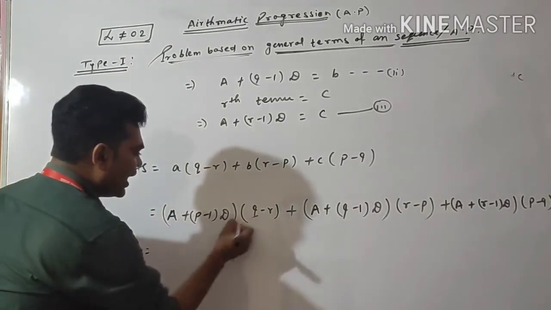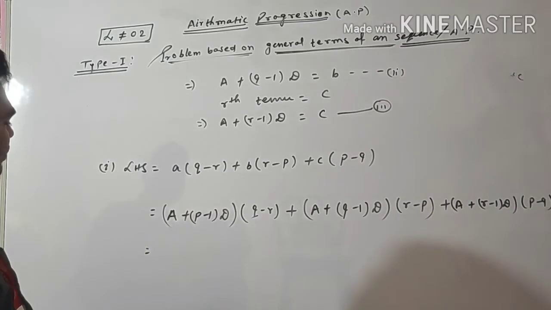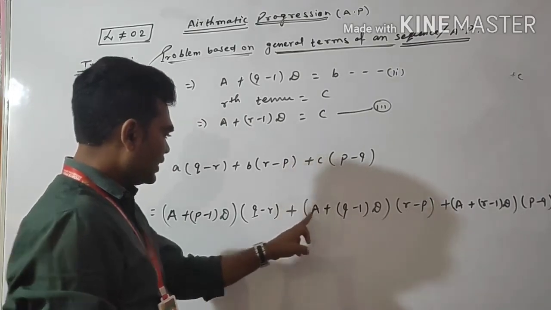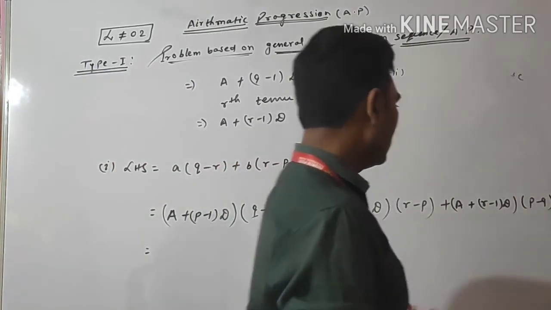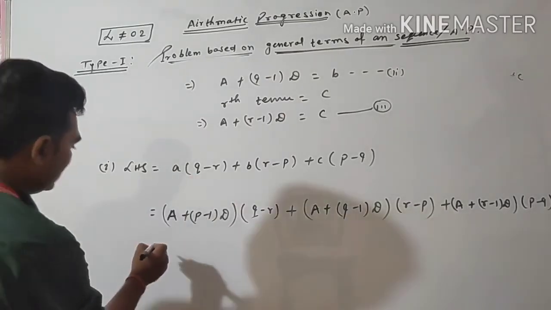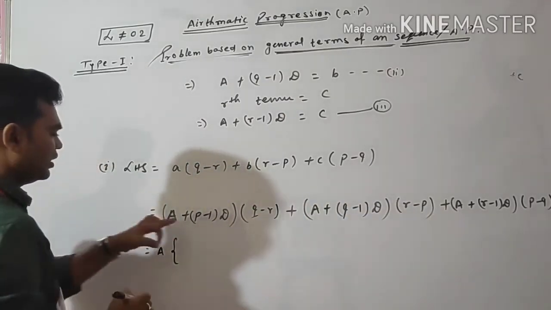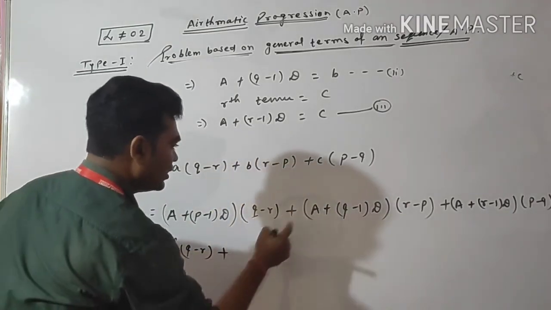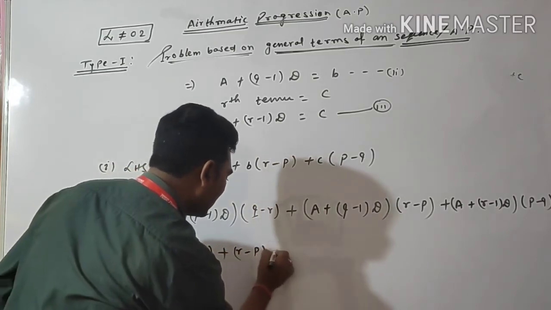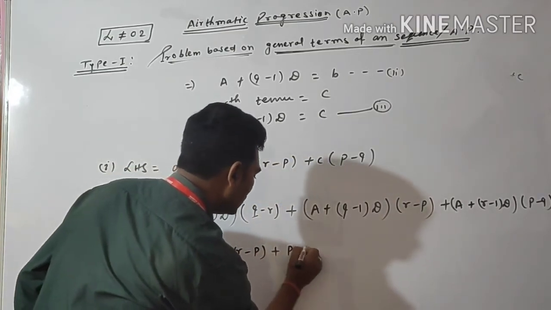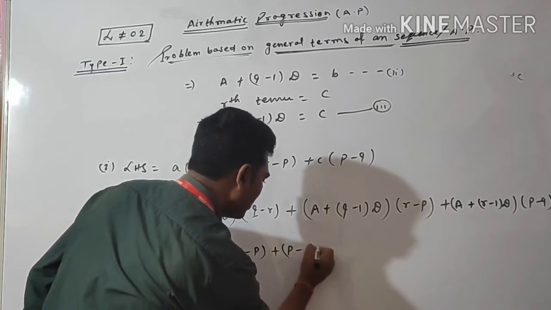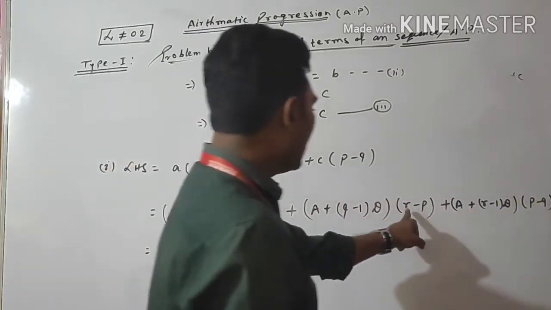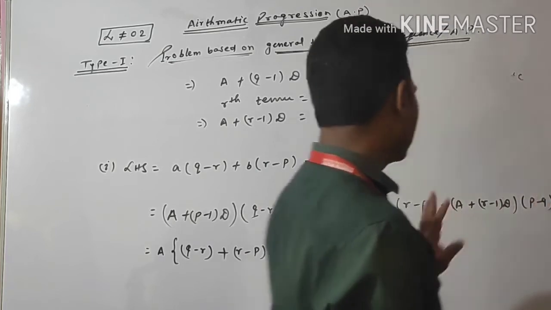Now, in this line, we find A into this, plus A into this, plus A into this. We take A common, and q minus r, plus the second r minus p, and the third p minus q. Because A is a multiple of q minus r, of r minus p and of p minus q.